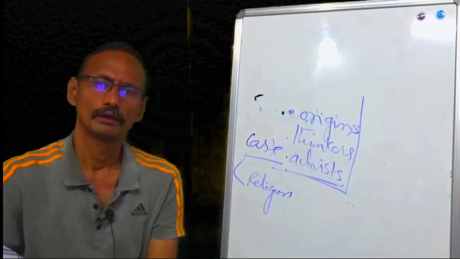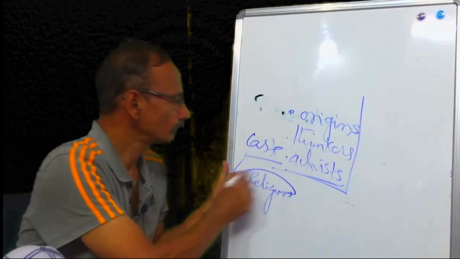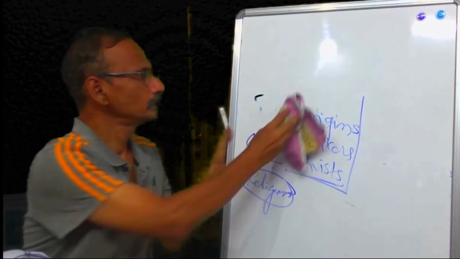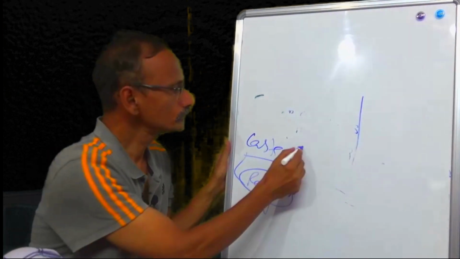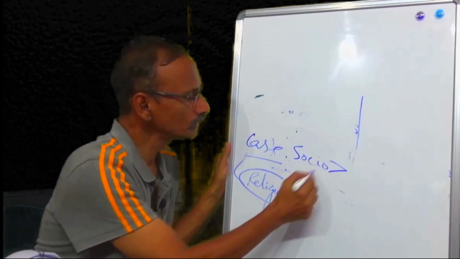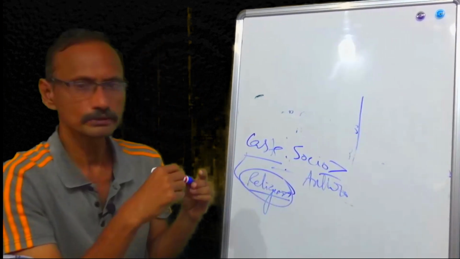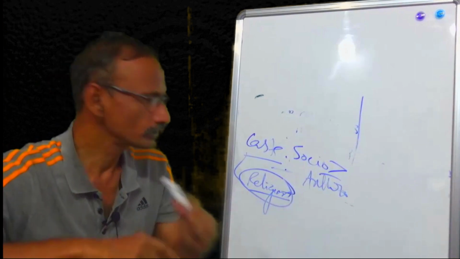Okay. Now, the next thing is about religion. See, in terms of caste, the socio syllabus is actually more than the anthro syllabus. But in terms of religion, anthro has certain things which socio doesn't have.